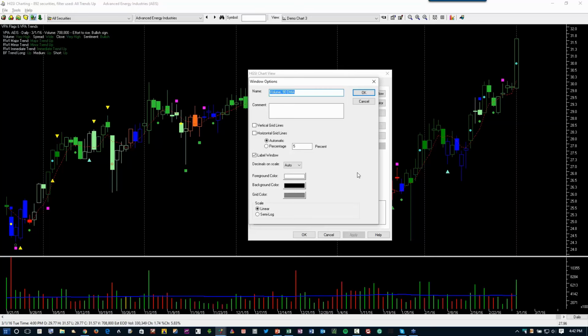And you can get vertical and horizontal lines, or no lines at all. There are some charting styles where having those vertical or horizontal lines can be really helpful. And this is the label window.